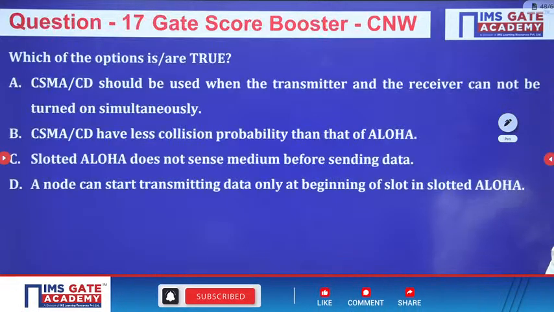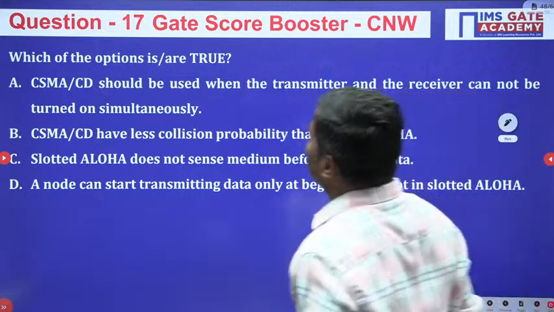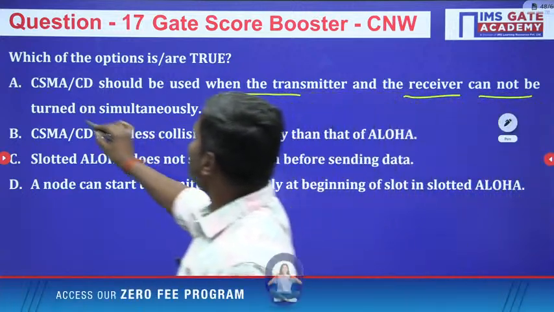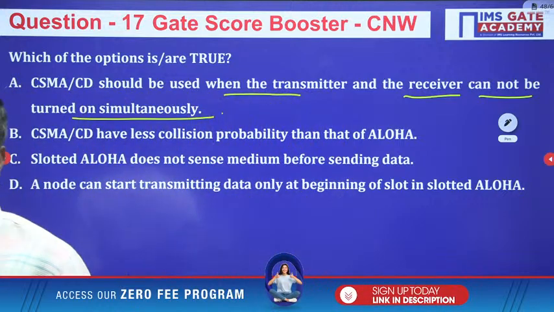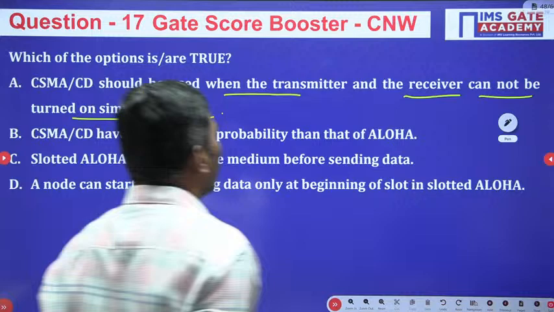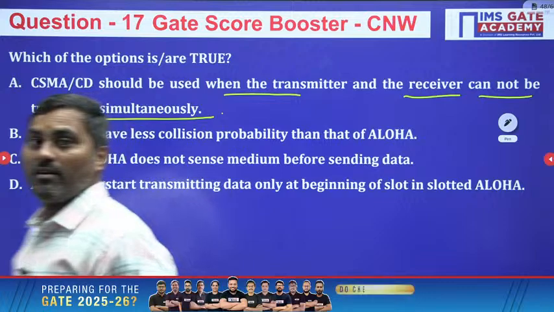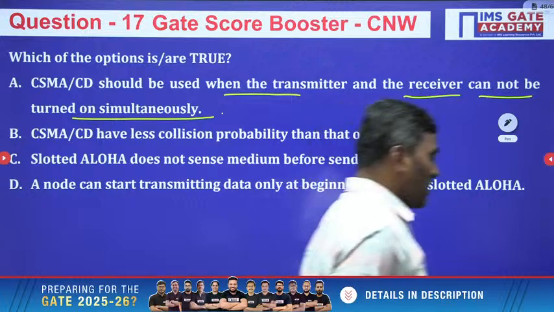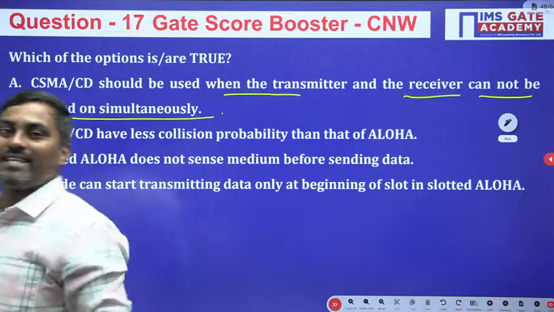So come to the point, next question. Which of the following options are true? Option A: CSMA/CD should be used when the transmitter and receiver cannot be turned on simultaneously. Is it true about CSMA/CD? Carrier sense multiple access, multiple people can simultaneously sense, correct or not?